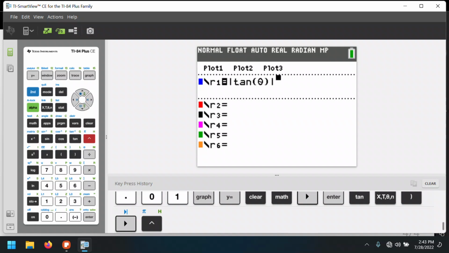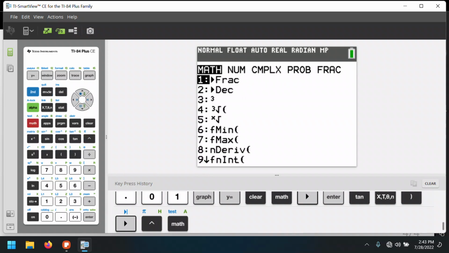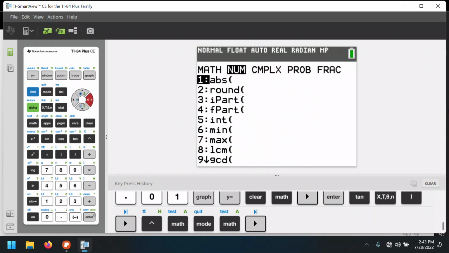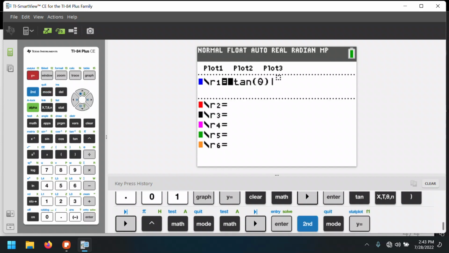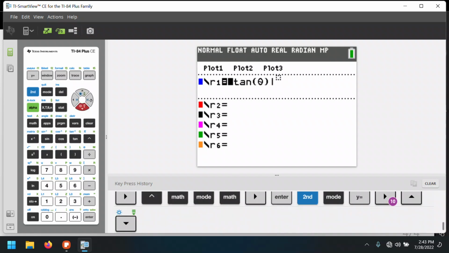Then raise this to another absolute value. So go to math, not mode, just math, num, abs. Oh, what's going on? Second quit. For whatever reason, I quit it.